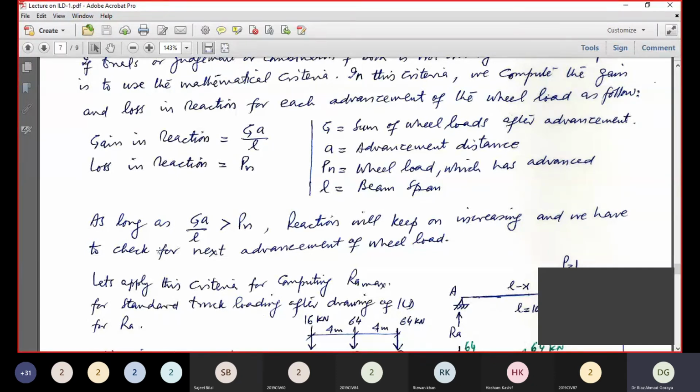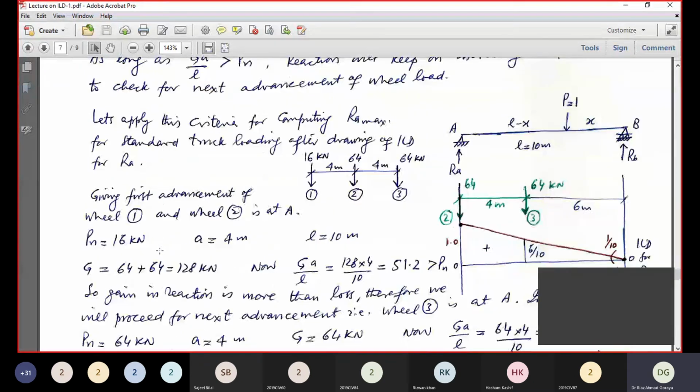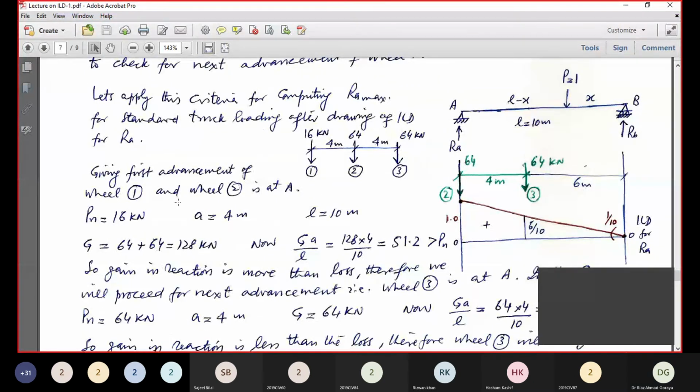Let's apply this criteria for computing RA max. Same beam for standard truck loading, giving first advancement of the wheel 1. देखें ये 3 व्हील है, आपने फर्स्ट एडवांसमेंट दी और ये व्हील 2 इस बीम से बाहर गया और व्हील 2 इस ए पे आ गया. Now the wheel which has been advanced, that is Pn, that is 16 kilonewton.